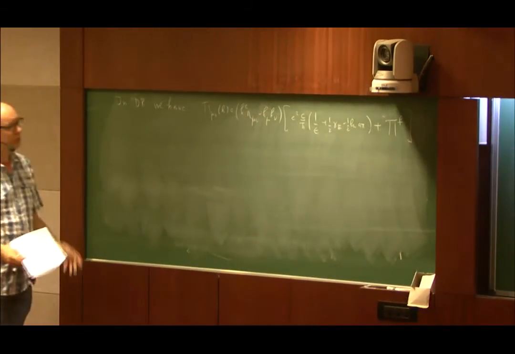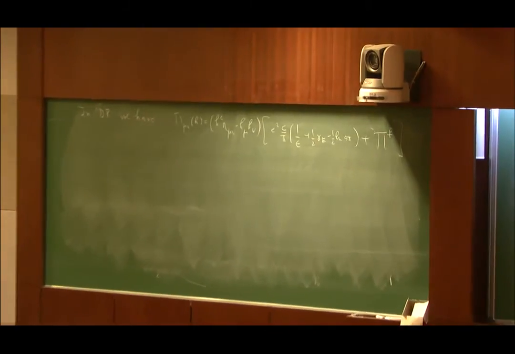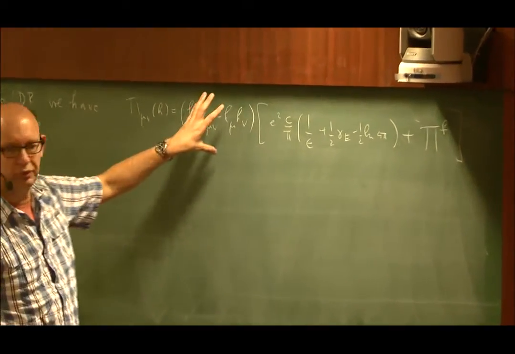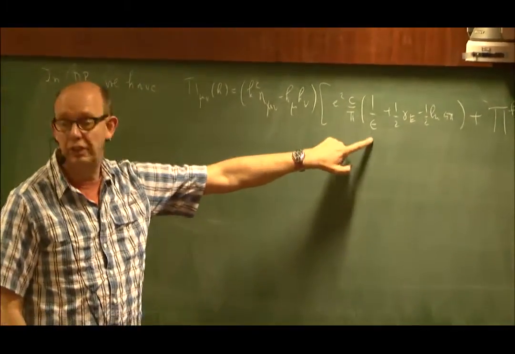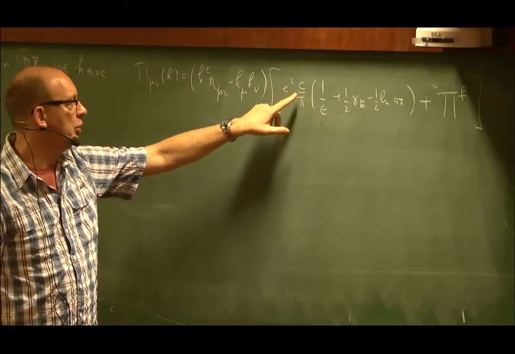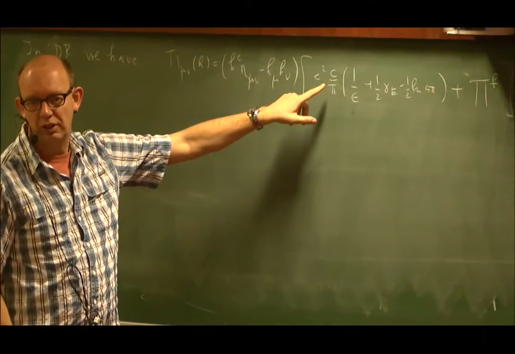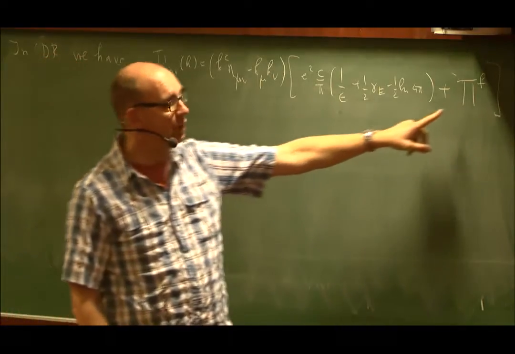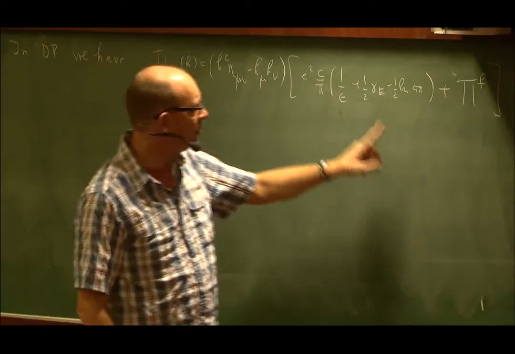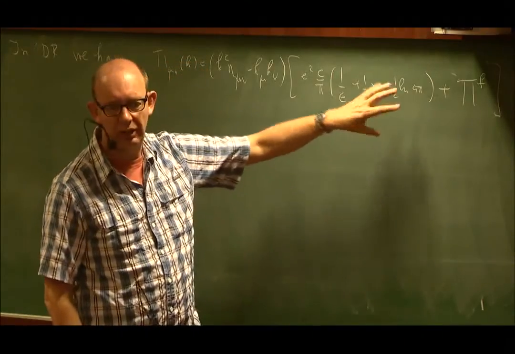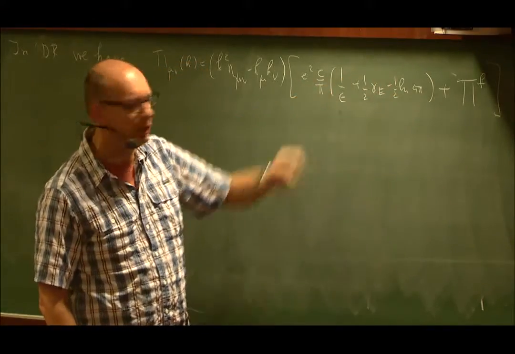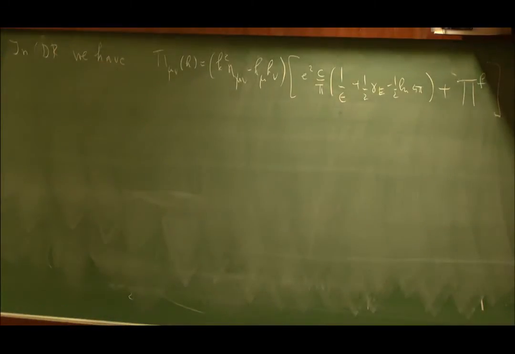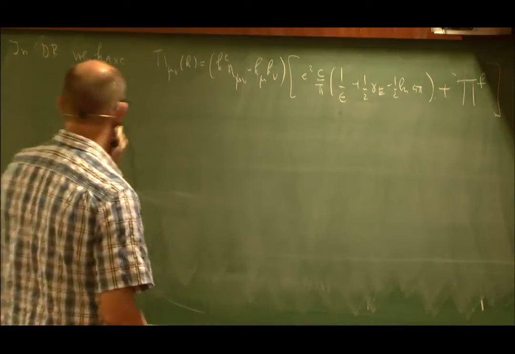So I've written it schematically. When you do the loop integral for pi^mu nu, you get this structure in front. Here's the UV divergence. There was some number c here in front, which I just keep a bit abstract now. It doesn't matter what the details are. And there's finite terms. I kept also this gamma_E and log 4 pi together with the 1 over epsilon. I will always do that. So that's what you get for that one loop diagram.